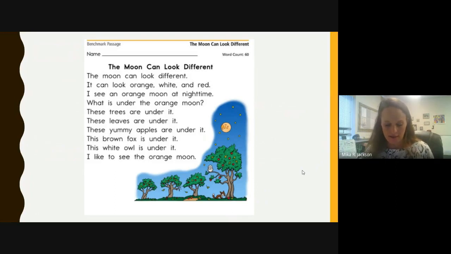These leaves are under it. These yellow apples are under it. This brown fox is under it. This white owl is under it. I like to see the orange moon. Okay.